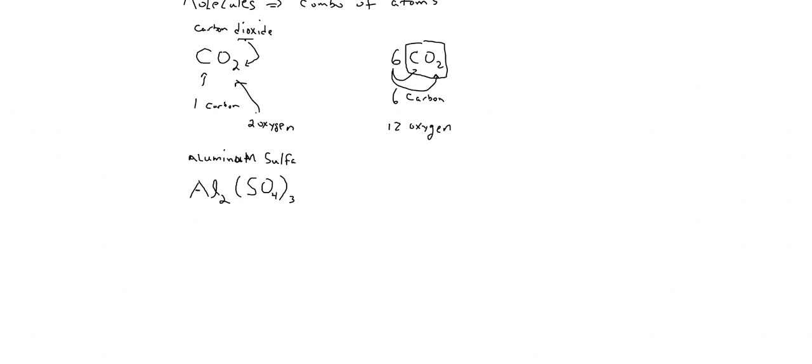Okay, so let's look at what this thing has. This is one single molecule, a big, complicated molecule. It has 2 aluminums. You see the two aluminum atoms. Now, pay attention to this parenthesis, because that parenthesis means we have 3 of these things in parentheses.